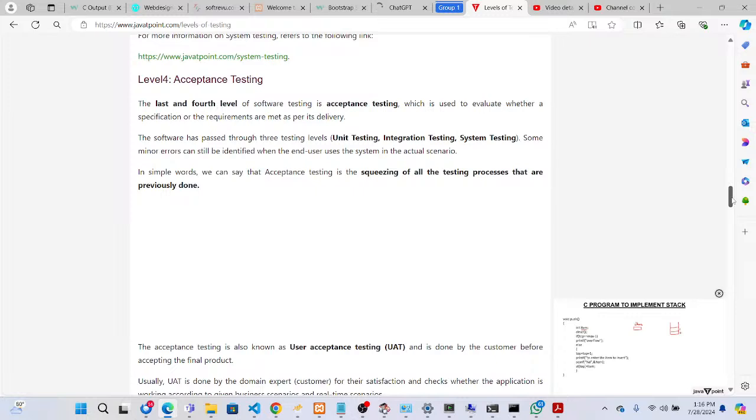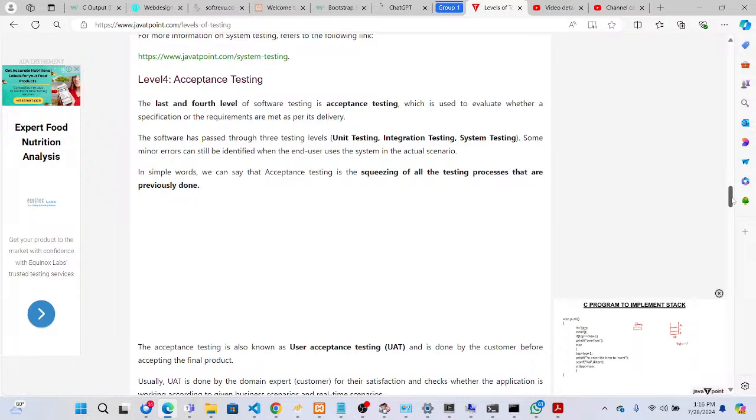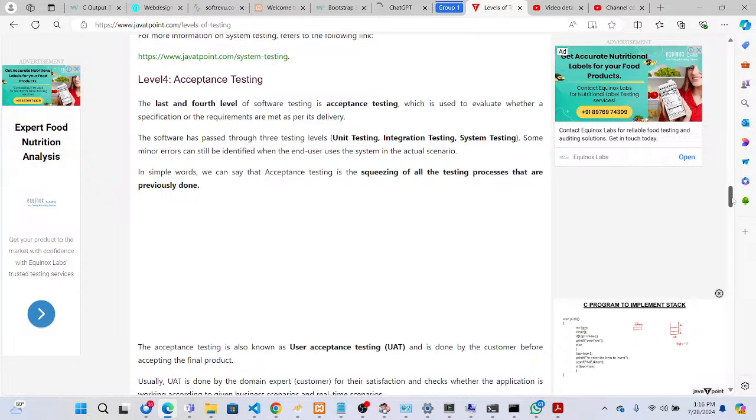If critical defects are identified, then our user acceptance testing will be escalated, and our product development maturity model also will be verified here. So we can say that this is the sealing of all the testing process that we have previously done.